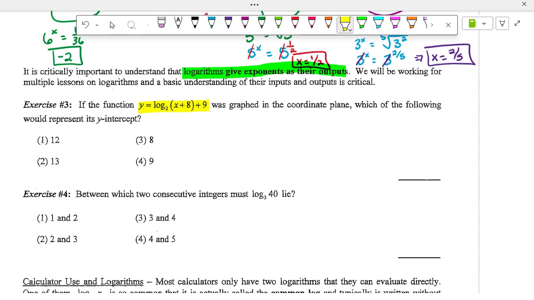But its y-intercept would be whatever value of x, if you put it in here, would give you 0 for y. So the y-intercept is actually this number right here. So whatever number is being added or subtracted outside of the parentheses of the logarithm, that's the y-intercept. So the y-intercept is actually 9.